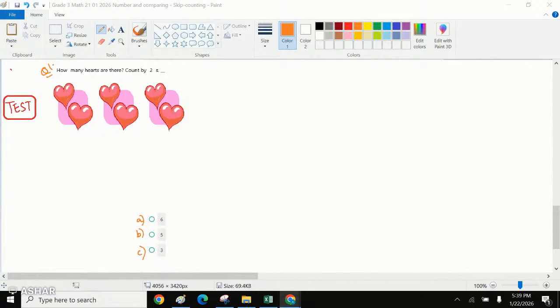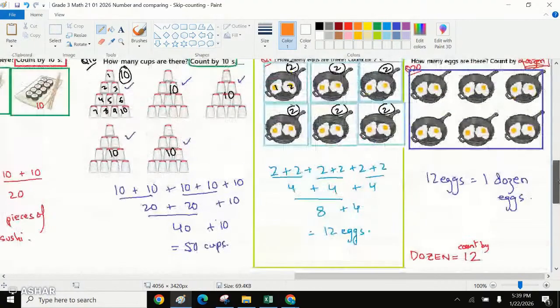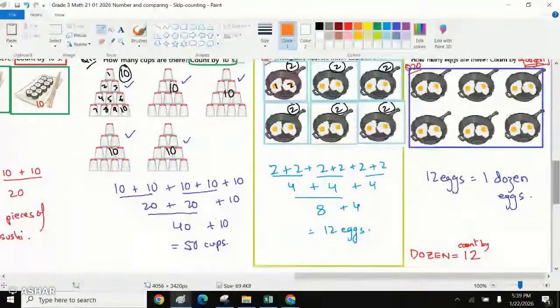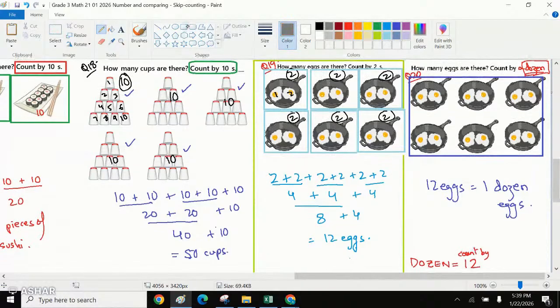No, May, you gave an answer that was 72. No. See, May, I would explain this again, right? A dozen means 12 paired together. A dozen means counting by 12. So if there are 12 eggs in question number 20, that means it is 1 dozen, right?